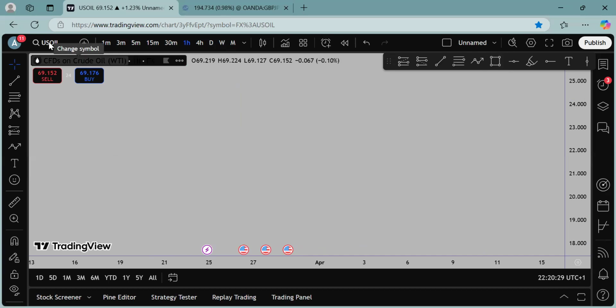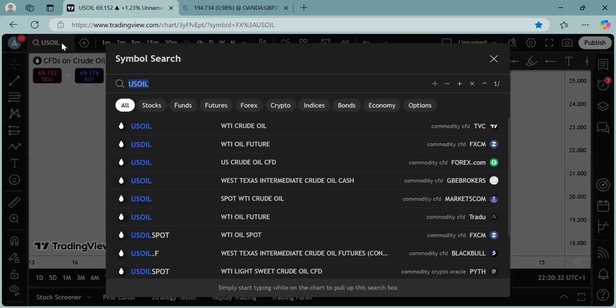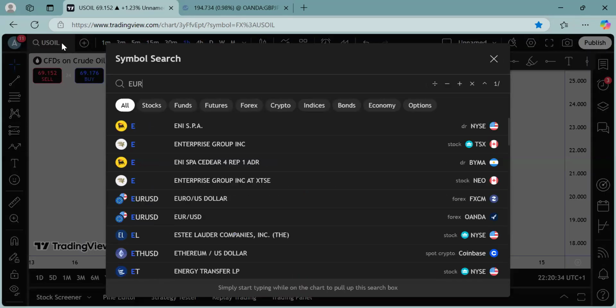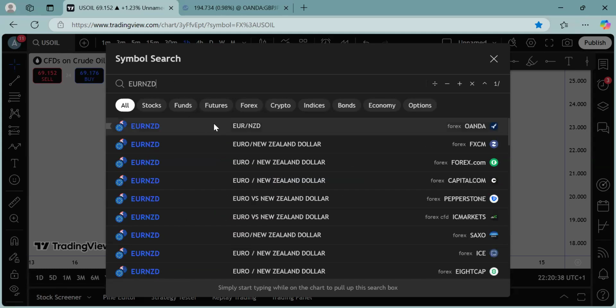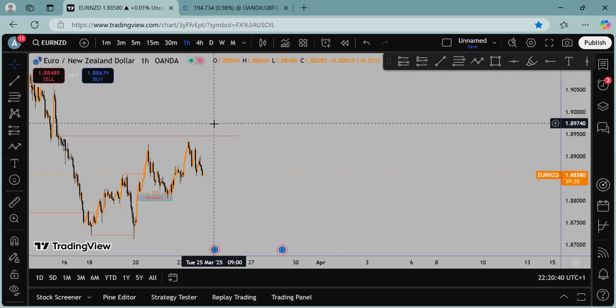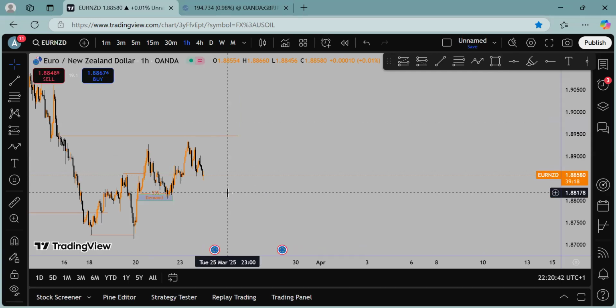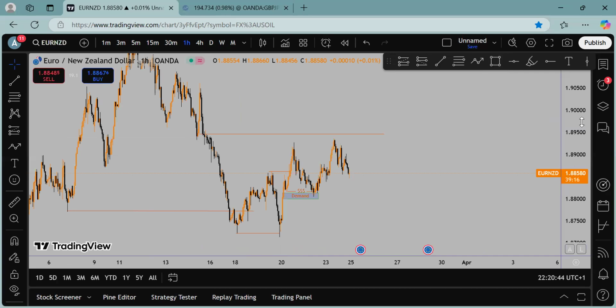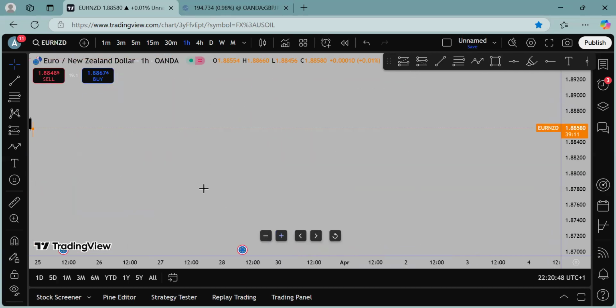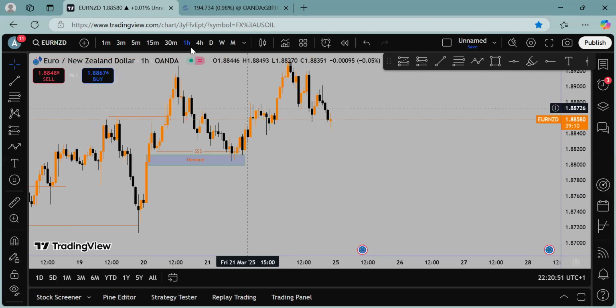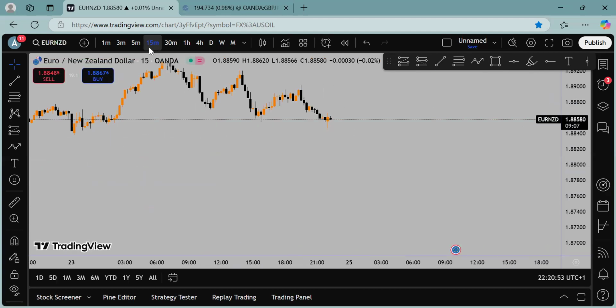I think that trade was on Euro NZD, right? Euro NZD is becoming one of my favorites. Look at it here. This was the trade.